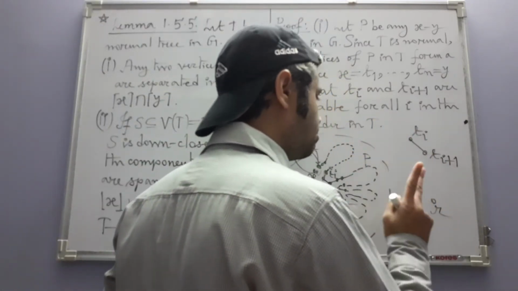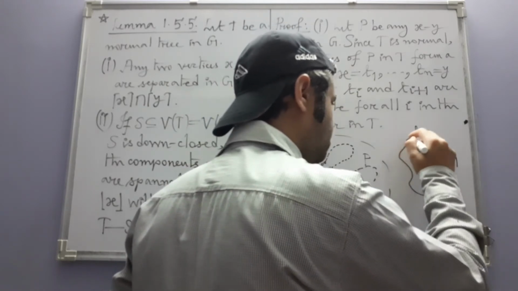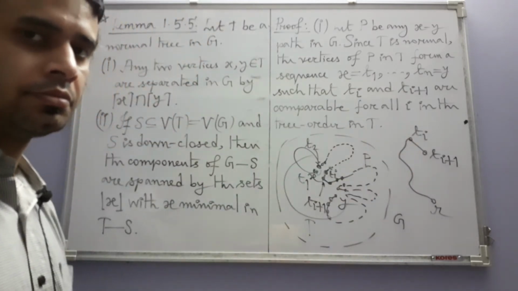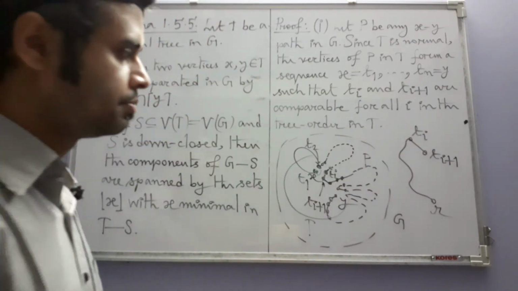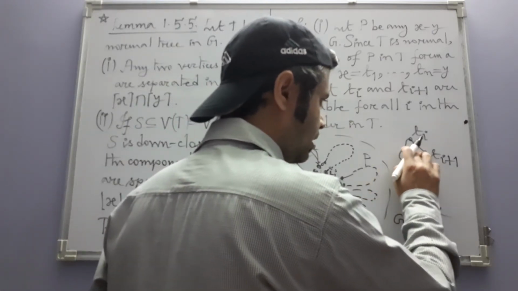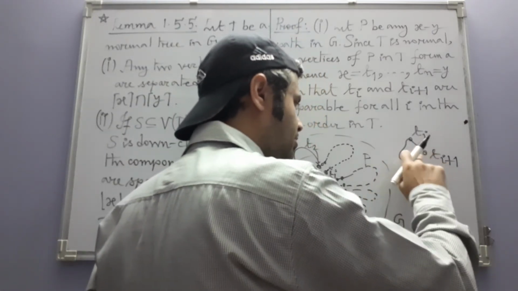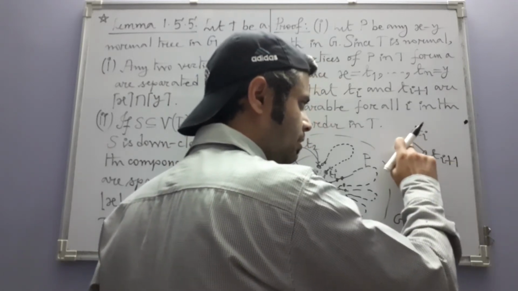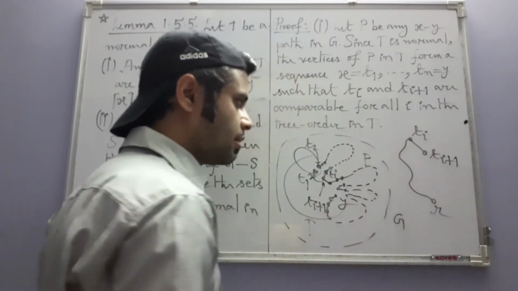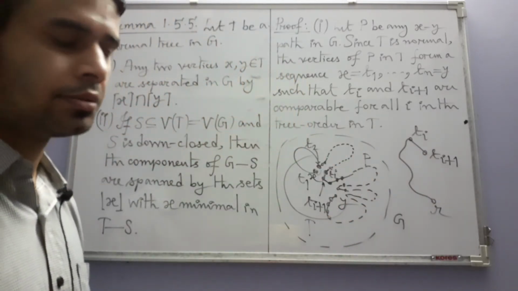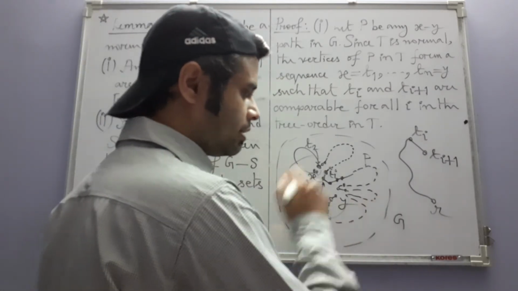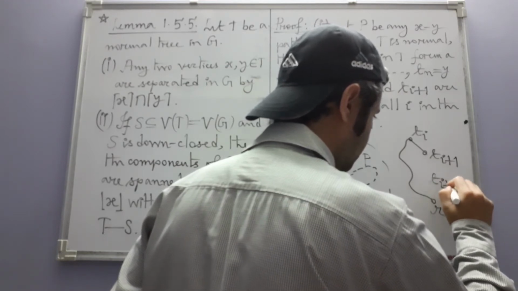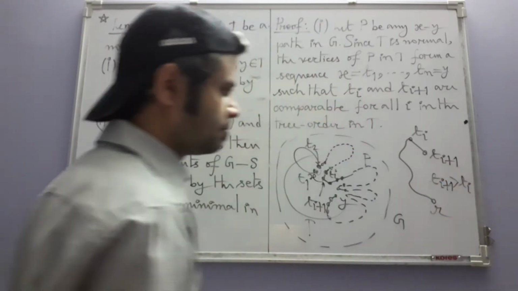Now there are two possibilities. That unique path may not contain this edge, or it may contain that edge. If it does not contain this edge, then we already have a path joining Ti plus 1 and R, which is obtained by introducing this extra edge to the existing path. And you can see that by the definition of the tree order, in this case, Ti plus 1 will be greater than Ti.